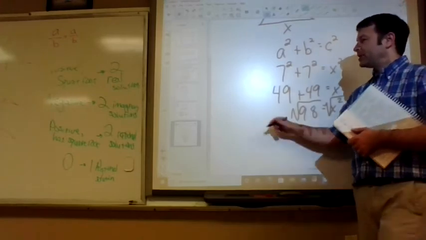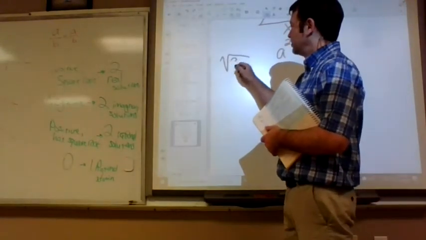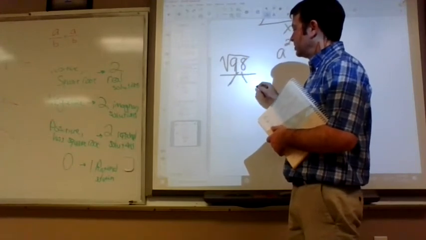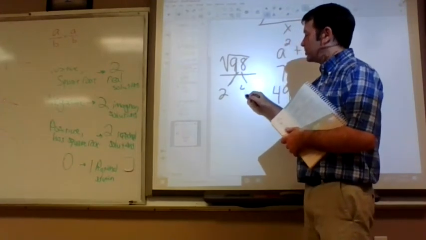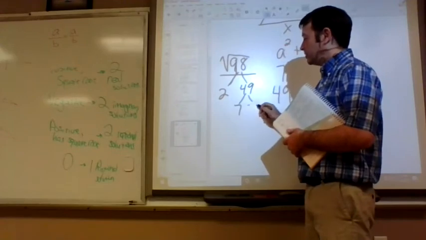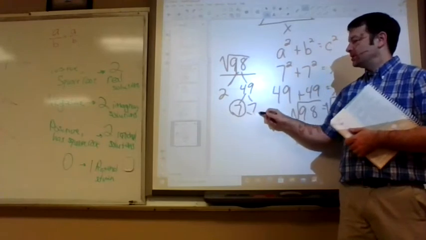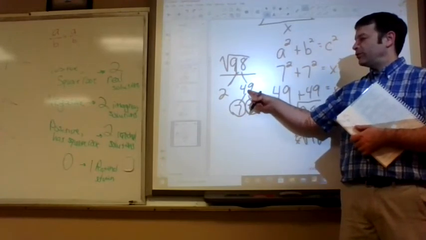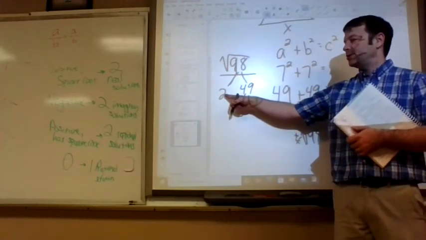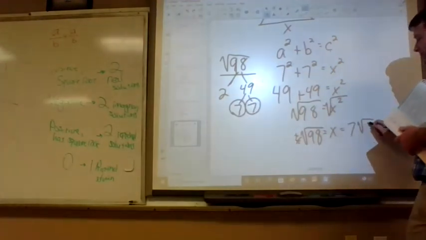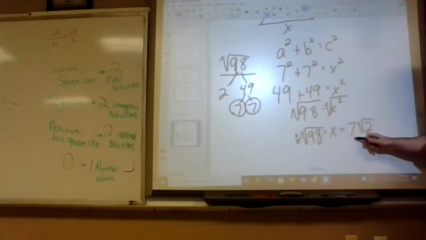How do we simplify the square root of 98? A lot of calculators can do it. You can also do it with a factor tree, by finding the factorization. The square root of 49 turns into a 7, and the square root of 2 doesn't simplify, so that's 7 square root of 2.